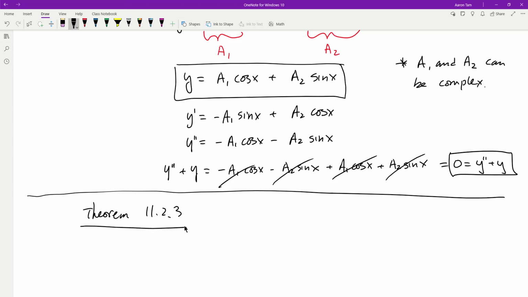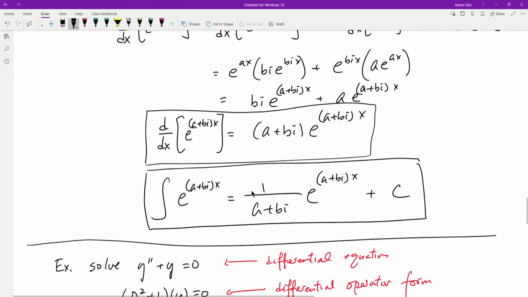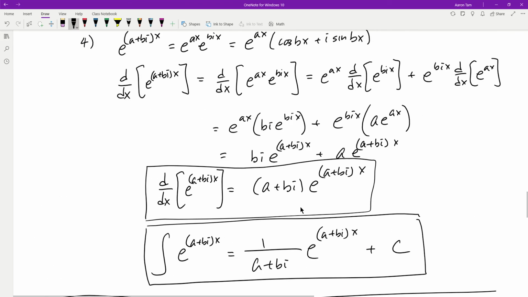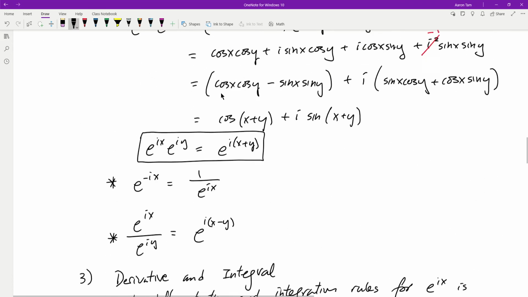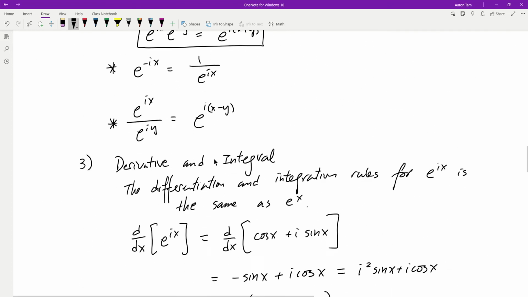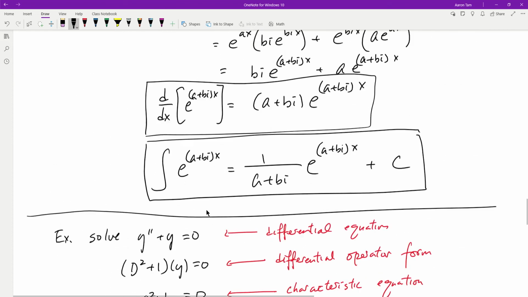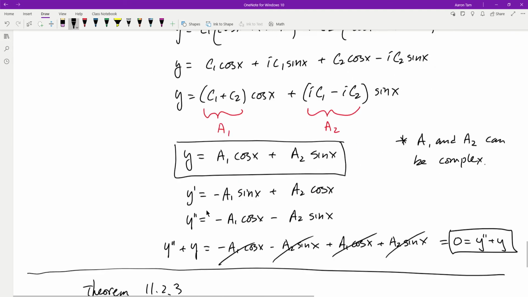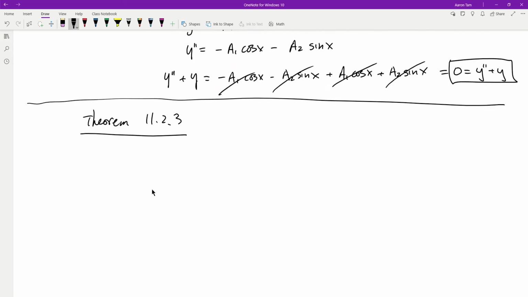Yes, I know that's my first theorem in 11.2, but it's already designated 3 because 11.2.1 and 11.2.2 are actually definitions that we use to define the complex exponential function. So I didn't give them a numerical designation. That's why we didn't talk about it.